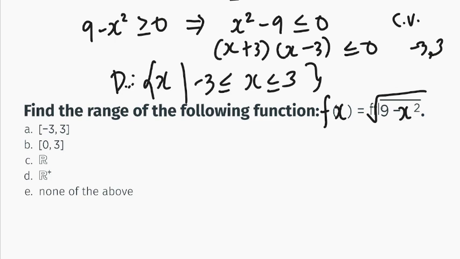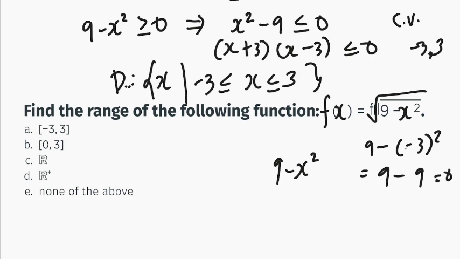However, when we substitute this here, we have values of x only between negative 3 and 3. So note that 9 minus x squared will become 0 at negative 3, and also the same when x is 3.